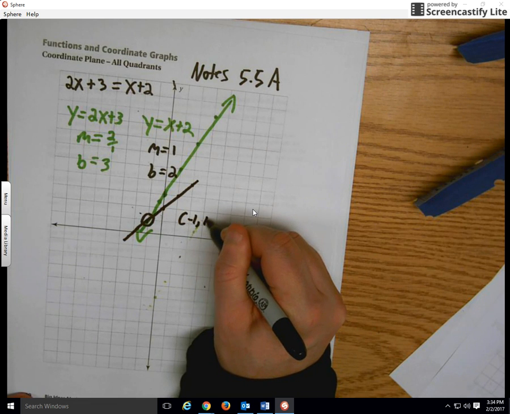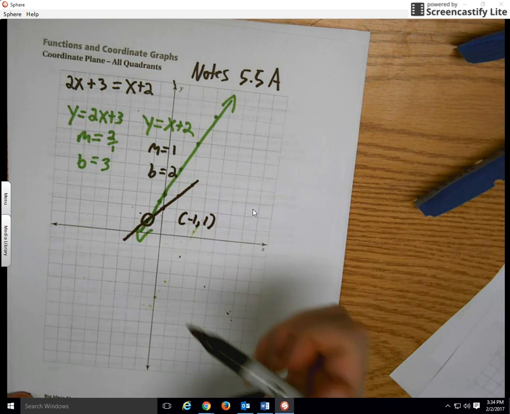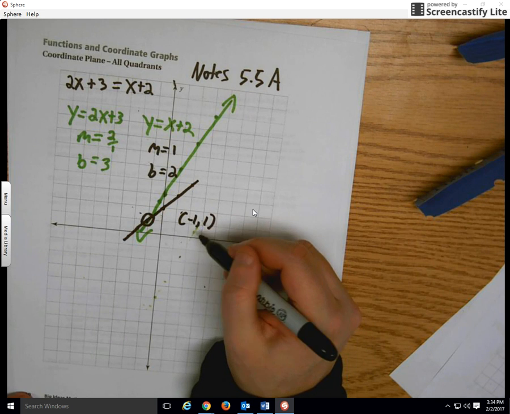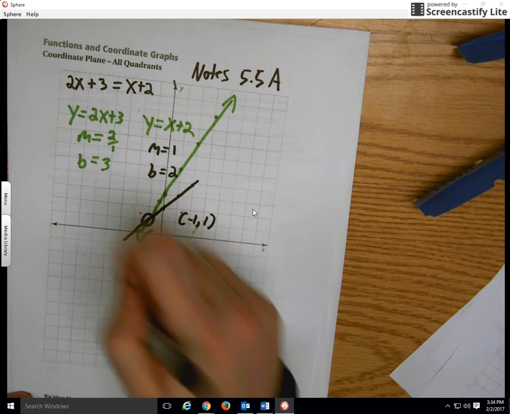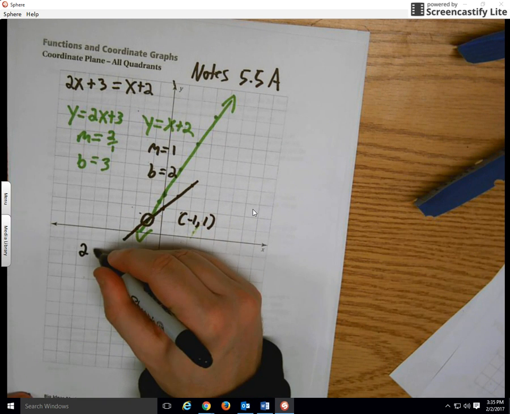However, remember, we artificially added that y in there, right? So we're really just looking at the x. The x is negative 1. If we were to substitute that negative 1 back into the original equation, let's see if it would be true or false.